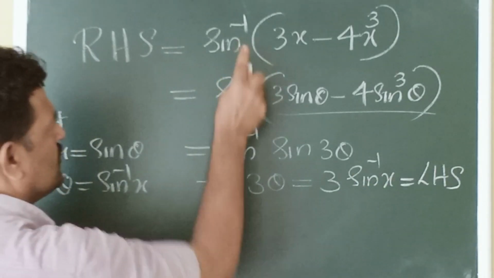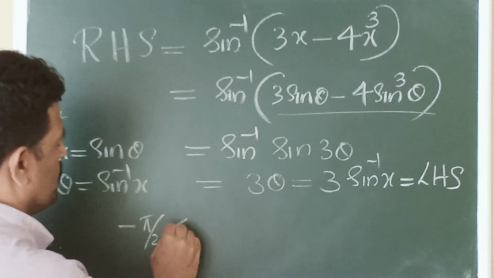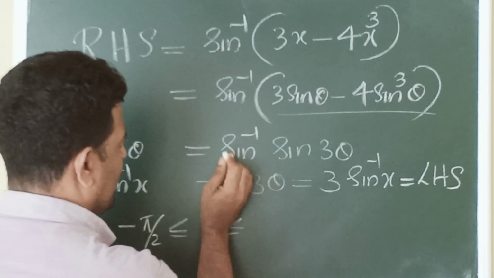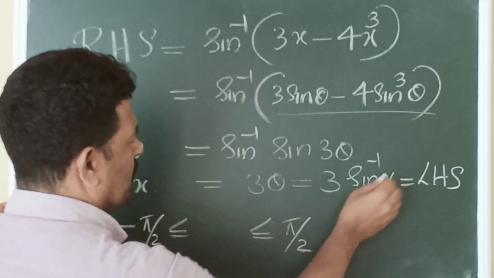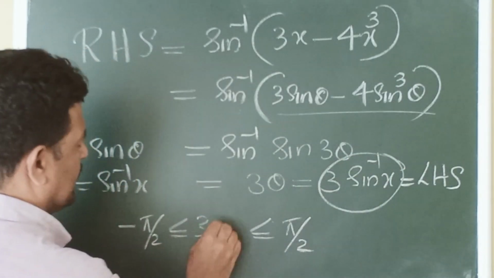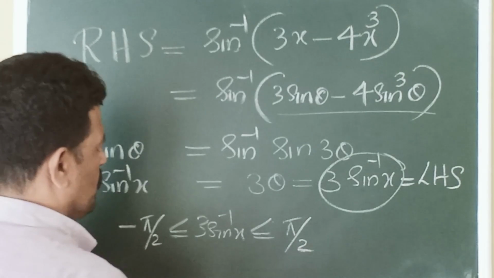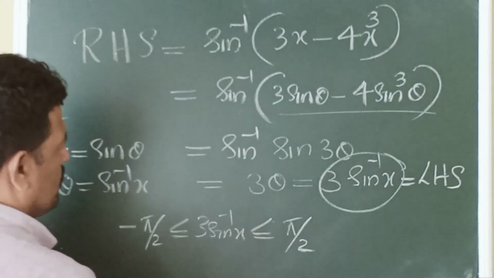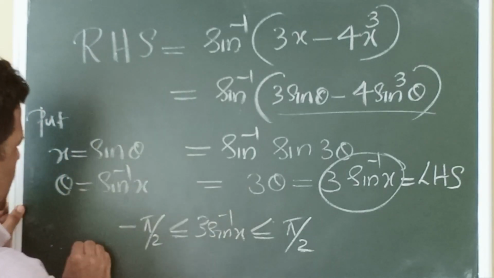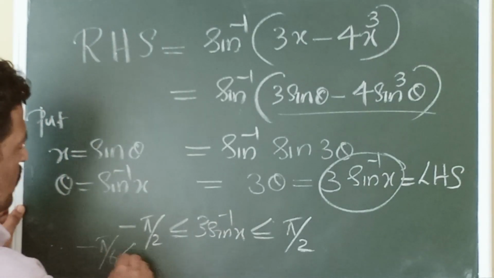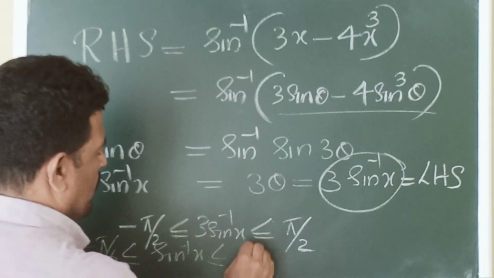Sin inverse always lies between minus pi by 2 and pi by 2. Therefore, 3 sin inverse x is between minus pi by 2 and plus pi by 2. Therefore, we can write minus pi by 6 is less than or equal to sin inverse x less than or equal to pi by 6.